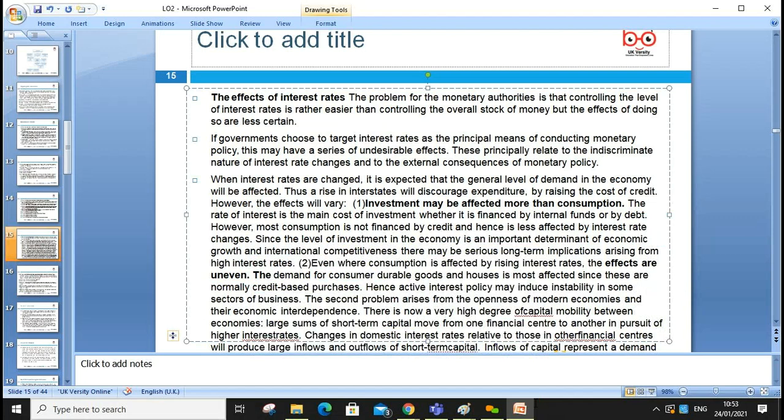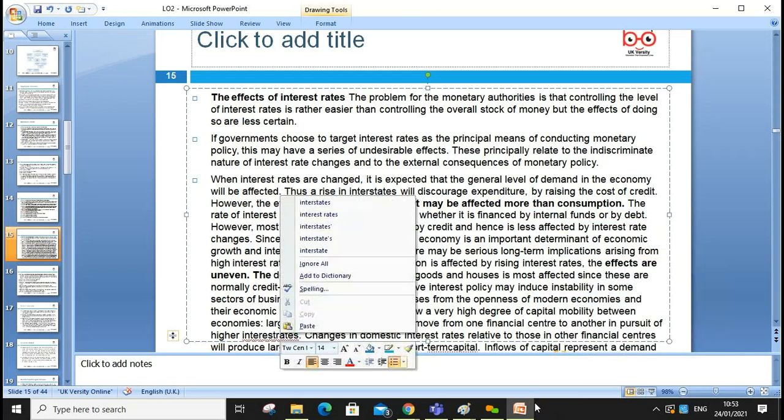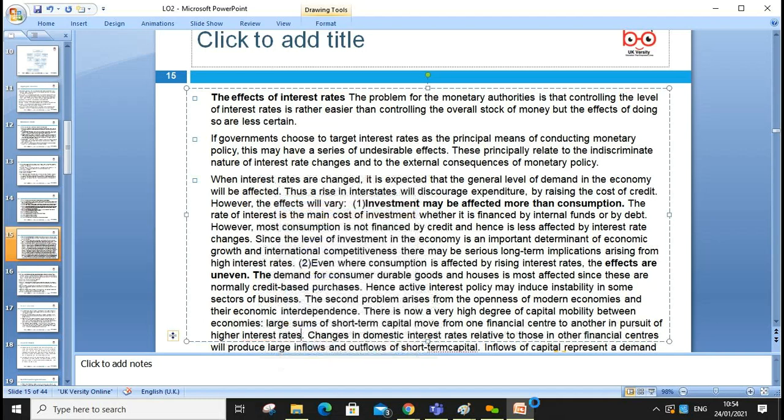The debt and interest rate effect on economic growth: how much borrowing, what is the GDP, what is the growth rate, what is the inflation we already have in the country. Inflation means a persistent increase in the price index.